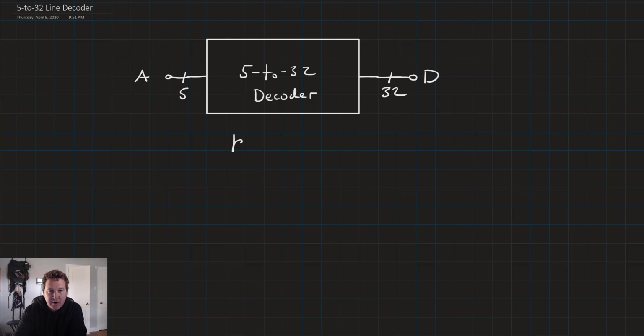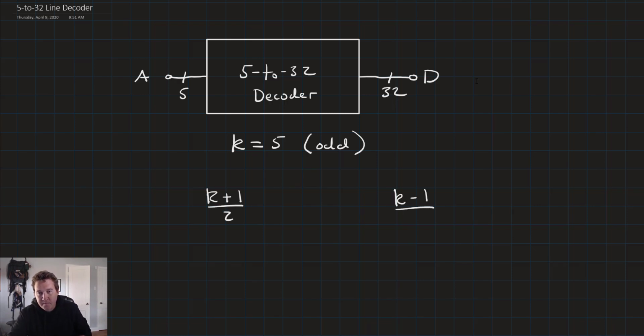So in this case, our K is equal to 5, which is an odd number. So this decoder is going to have two decoders that are K plus 1 over 2 and K minus 1 over 2. So 5 plus 1 over 2 is equal to 6 over 2 is equal to 3.